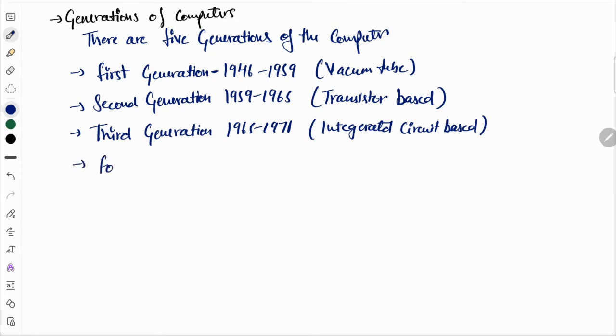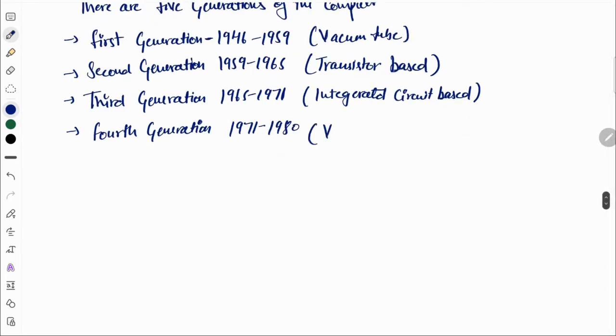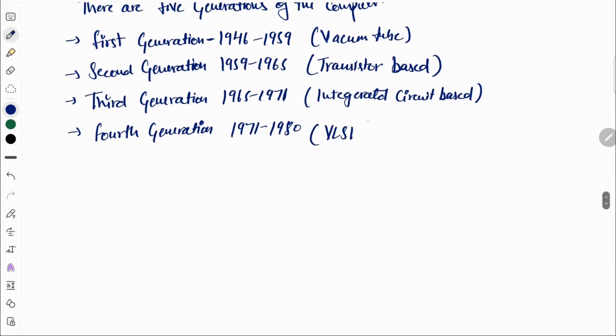Fourth generation, 1971 to 1980, VLSI microprocessor based.